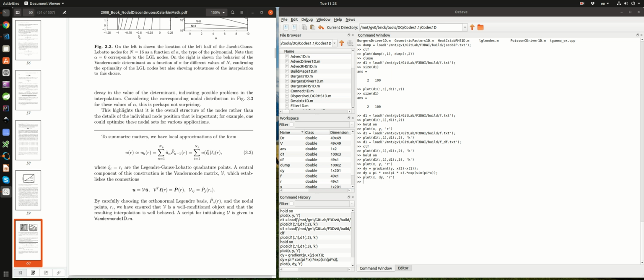But here the coefficients are not exactly the same as the function value. Here the coefficients are the function values, but the Lagrangian interpolating polynomials are not necessarily perpendicular to each other.